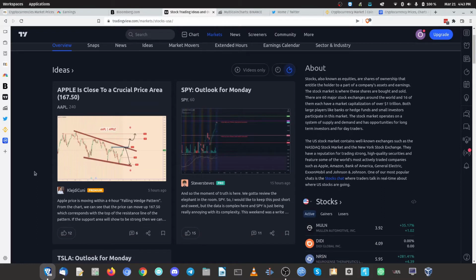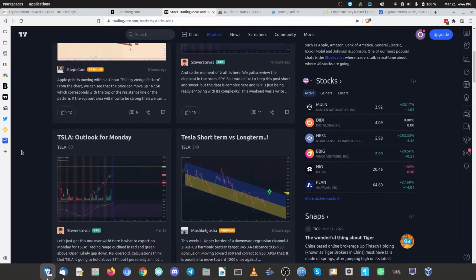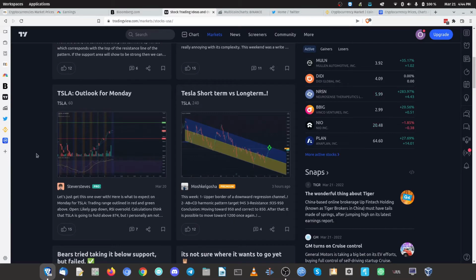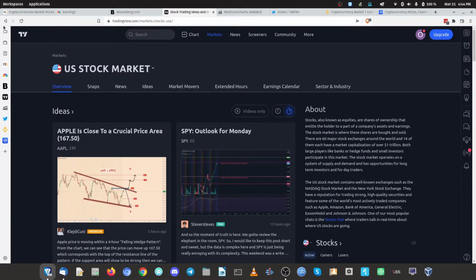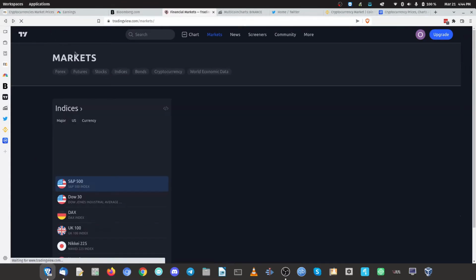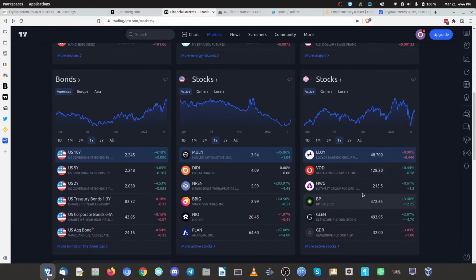on TradingView. Please don't overrate what you see here. This is all written by people who have an idea or a thought. It doesn't mean this is what's going to happen. In fact, often it doesn't. So I would prefer if you focus on news, on uncensored and unbiased news data analysis, or simply the charts, right?